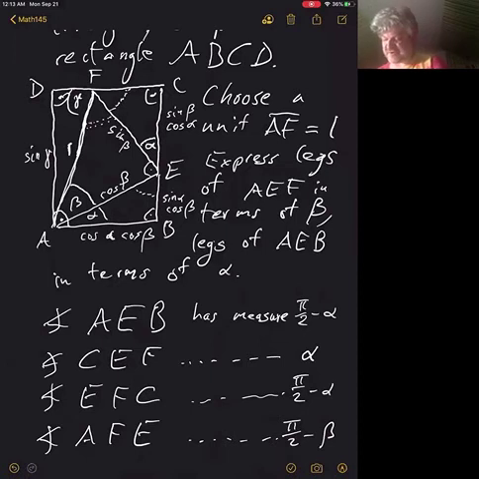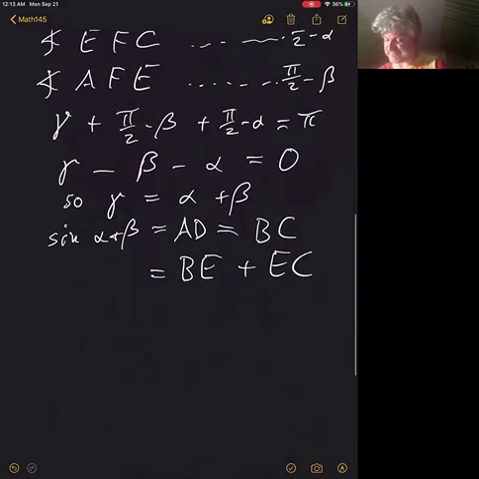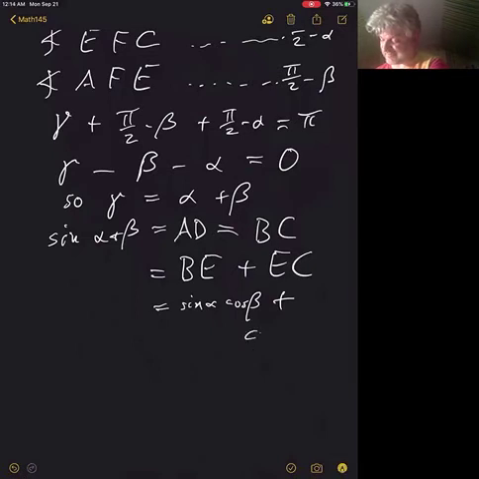Sine beta cosine alpha, the other one was sine alpha cosine beta. Let's write that down. Sine alpha cosine beta, and the other one is cosine alpha sine beta. And that is called the addition formula for the sine.